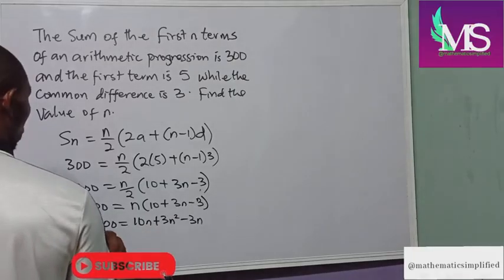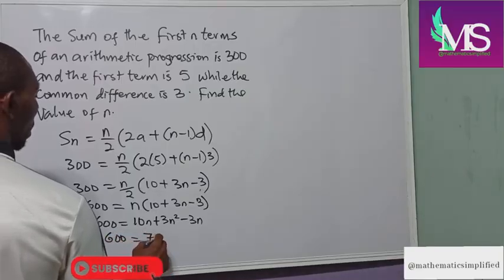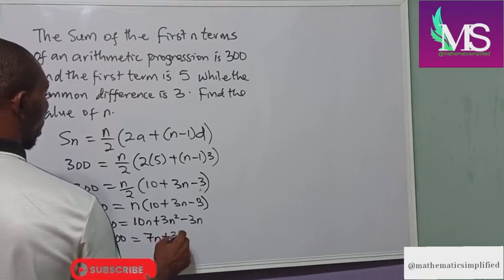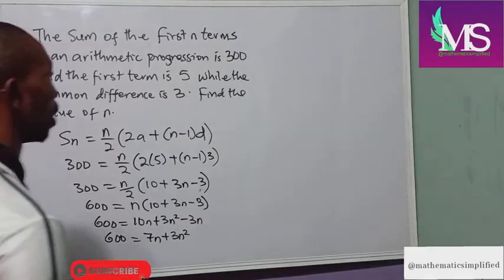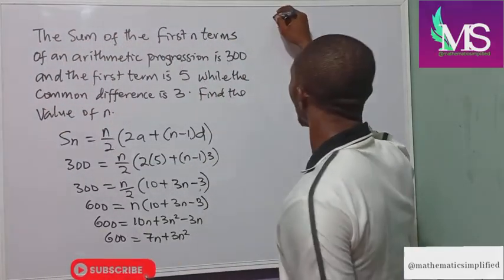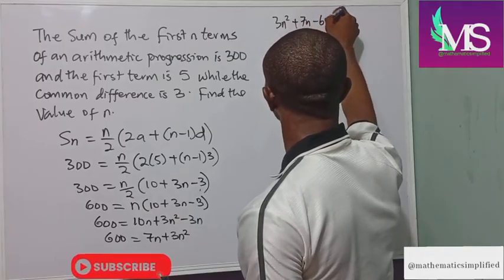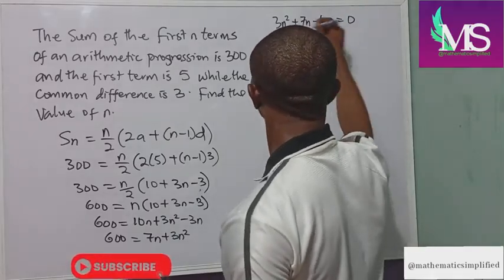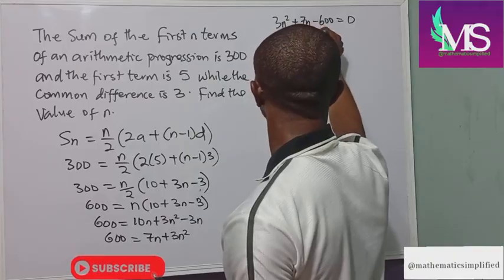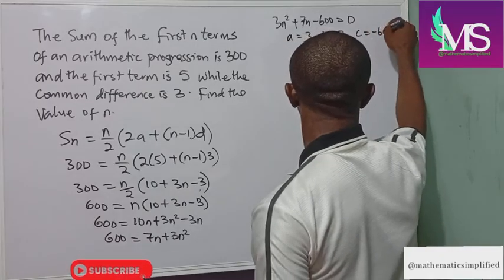Collecting like terms gives 600 equals 7n plus 3n squared. We have a quadratic equation, 3n squared plus 7n minus 600 equals 0, where a equals 3, b equals 7, and c equals minus 600.